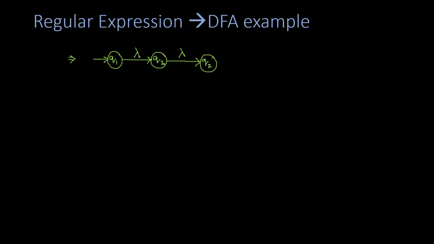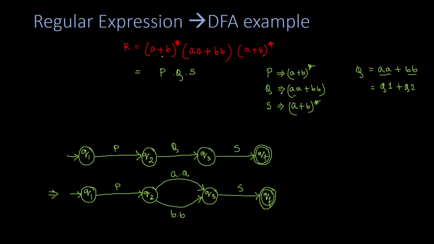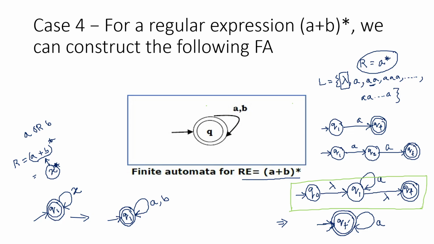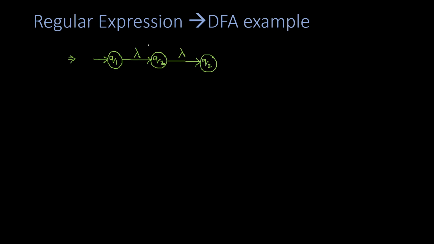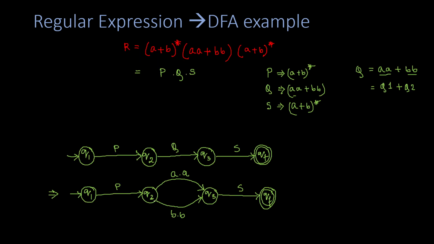And in this Q3, as we have seen in the case of (A+B)*, we have to put a self loop where A or B, any option, is possible. But this part, only Q1 to Q2, is completed. This part is left, so let's draw it.